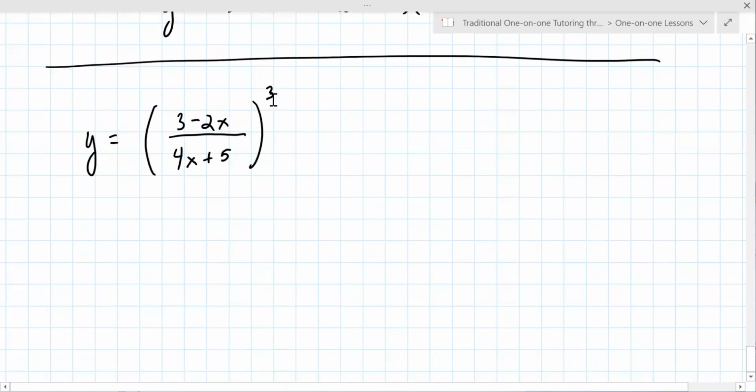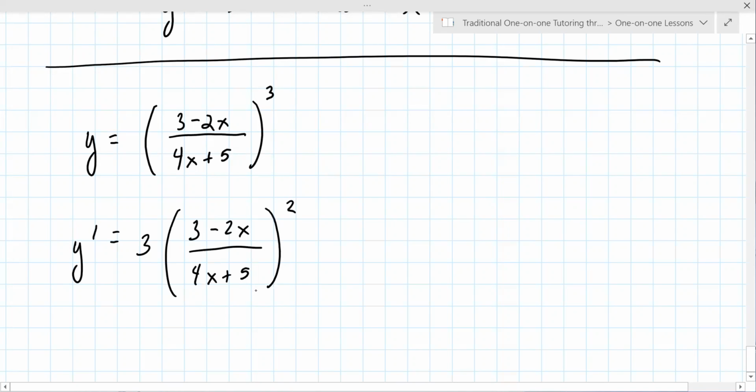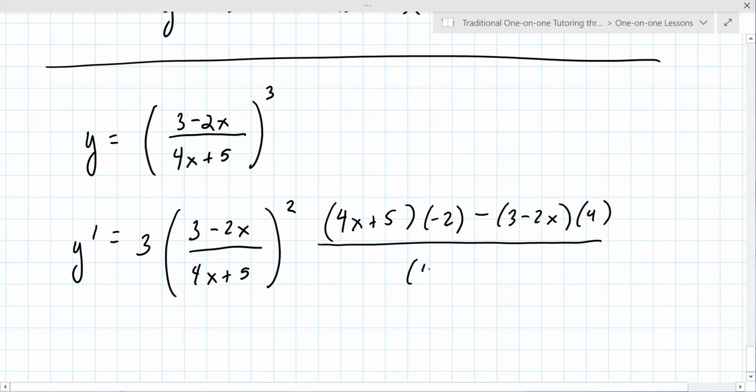So it's a power rule with the chain rule that's a quotient rule. You gotta start with this one on the outside here. You got a 3, keep the inside squared, and then you multiply by the derivative of the inside. So the derivative of the inside is the bottom times the derivative of the top minus the top times the derivative of the bottom over the bottom squared.